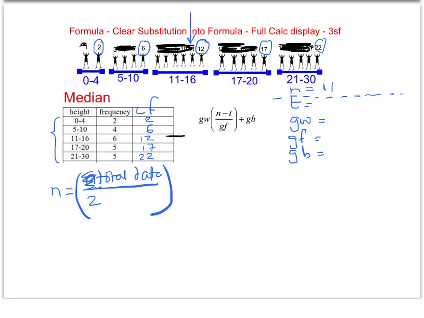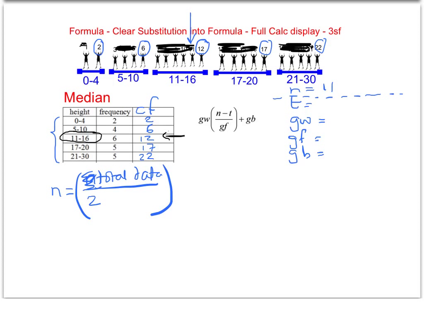And when we look here and see this 12 compared with this 6, we know that the 12 represents 7, 8, 9, 10, 11 and 12. And that's good because we wanted person 11 for the median. So we know we want to be in this group here. We don't know what person 11 said, but we know we want to be in the group 11 to 16.